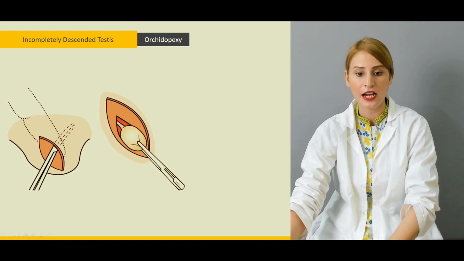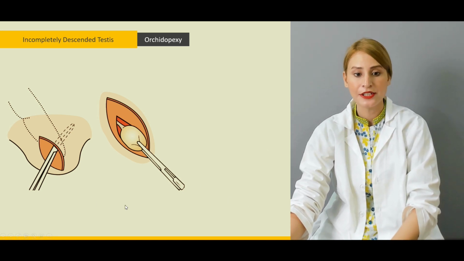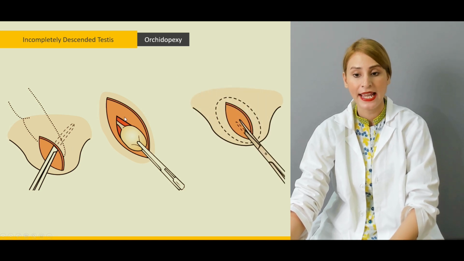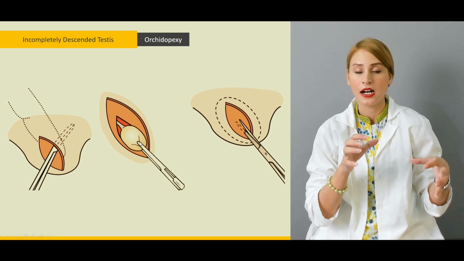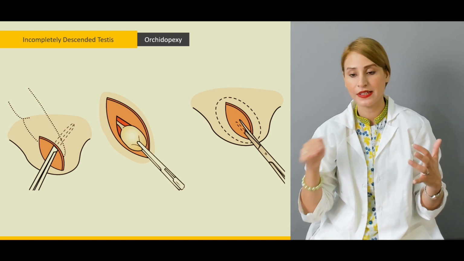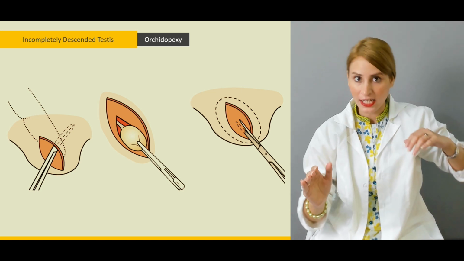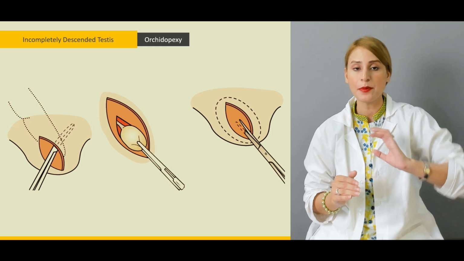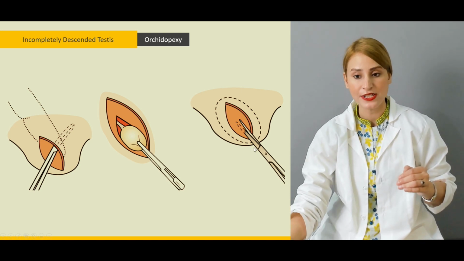So you can see in the diagram, this was a little overview of the orchidopexy. You are approaching here, giving an inguinal incision, and a separate incision in the scrotum as well. You mobilize the testes, separate the testes from the spermatic cord and from the hernia, and give a transverse incision in the scrotal area.